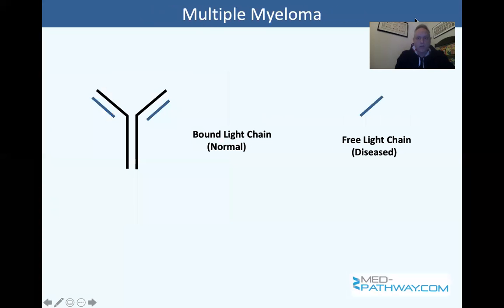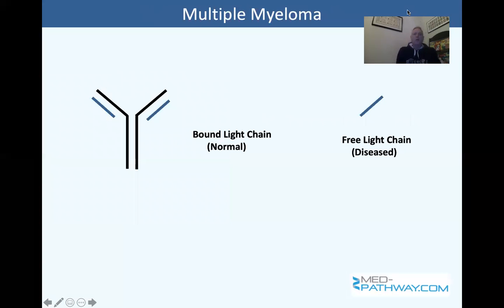And what happens in diseases like multiple myeloma, and we have a passage on multiple myeloma that's going to challenge your ability to understand antibody structure and function. Multiple myeloma is a disease of proliferating plasma cells. So your body's making too much antibody. And when it does that, it actually makes excessive amounts of light chains, for example, here. And these light chains, if they don't have an actual heavy chain to bind to, if it's not properly stoichiometrically regulated, these free light chains build up, and they can do a number of things.